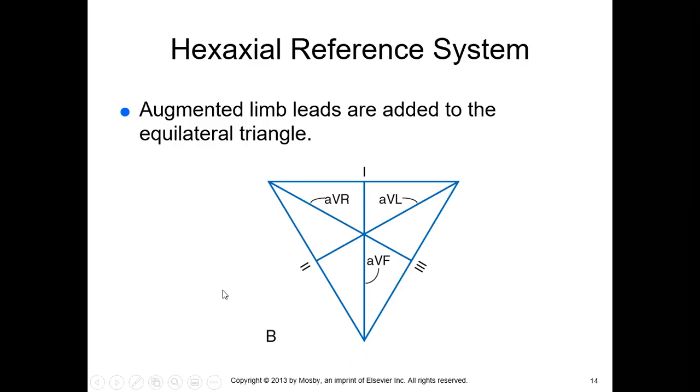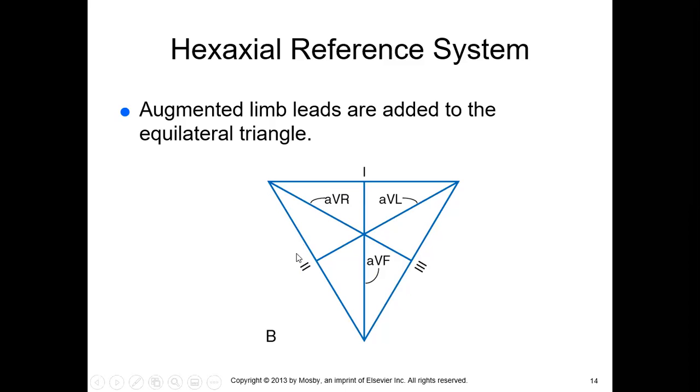Einthoven's law states that the sum of the electrical current recorded on leads 1 and 3 equals the electrical current recorded on lead 2.